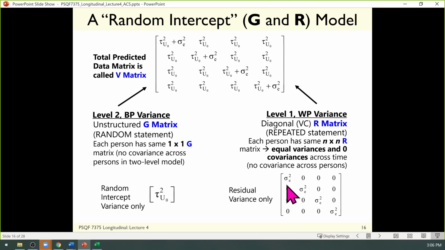So what this is making explicit is the idea that when you have a random intercept in the model, that already predicts covariance between occasions. The question is, do we have any other covariance amongst the level 1 residuals? Should these zeros be something else? And we have choices as to what they can be.